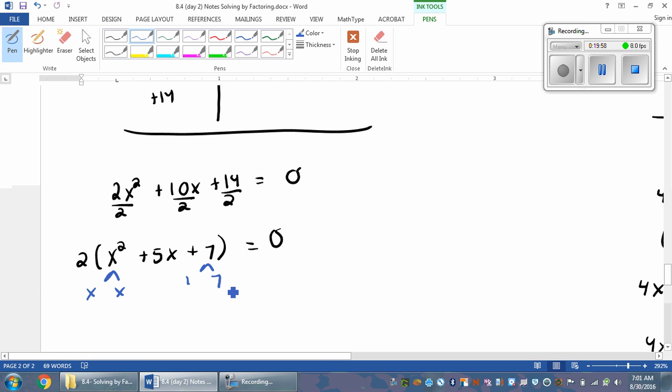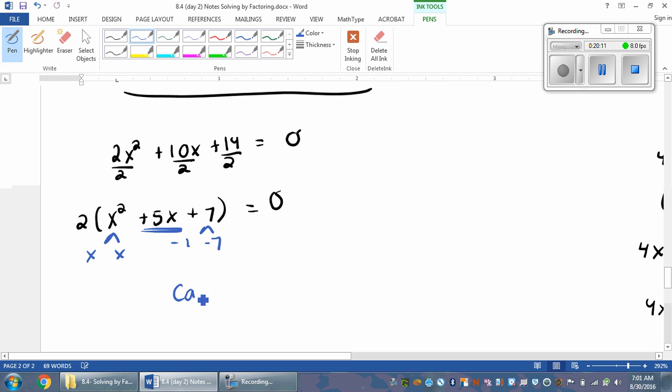Now, we should be running into a problem right now if you recognize the only two numbers that multiply to 7 are 1 and 7 or -1 and -7. Neither pair adds to 5. So this equation cannot be solved by factoring.